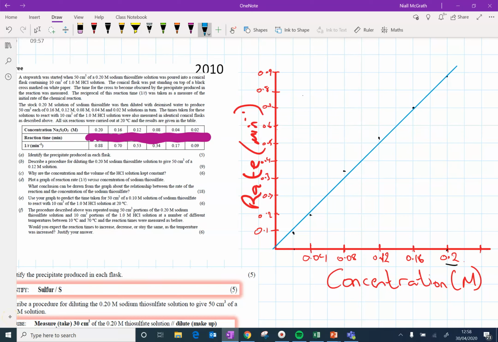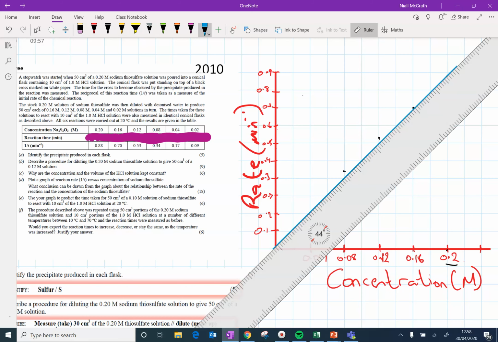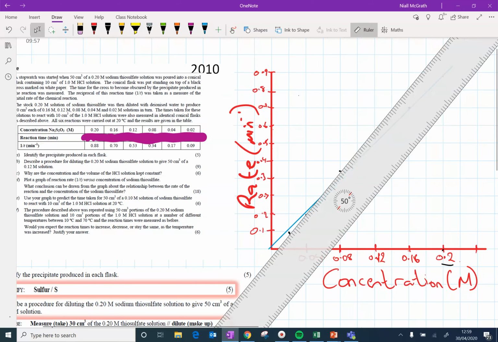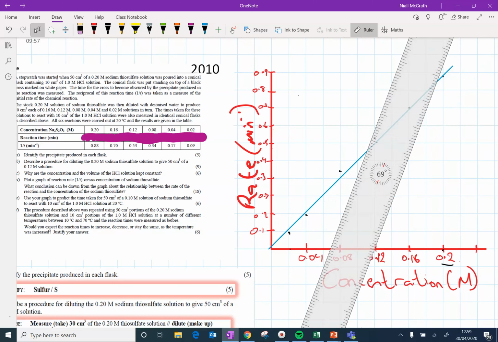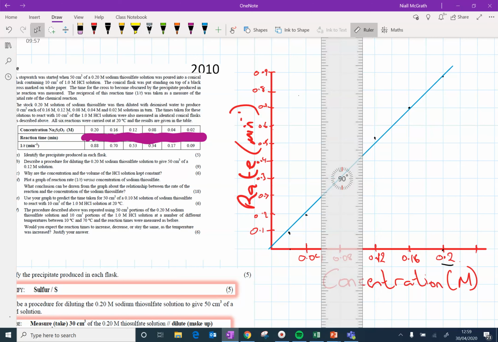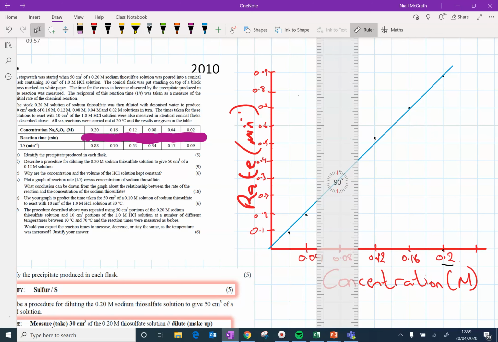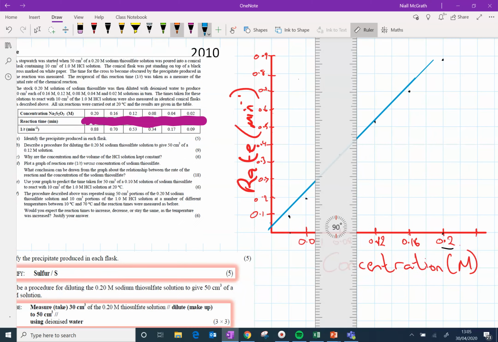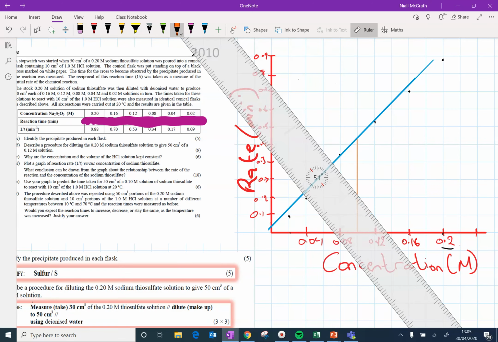Then the next part of the question: use your graph to predict the time taken for 50 centimeters cubed of 0.1 molar solution of sodium thiosulfate to react with 10 centimeters cubed of hydrochloric acid. So what we're going to do here is go to 0.1 on your concentration for sodium thiosulfate, and we draw a straight line up from 0.1 so we meet our graphed line.